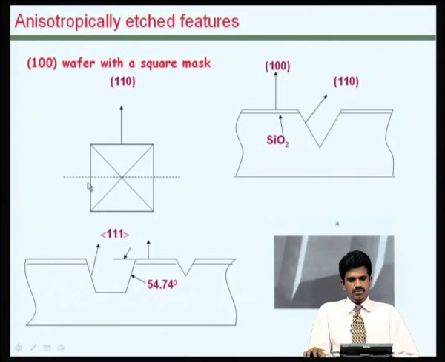It so happens if on a 100 wafer, if you align these rectangular windows properly, the plane that is formed at an angle is the 111 plane, and atoms in the 111 plane of silicon structure are strongly bonded to those underneath them, and hence are extremely difficult to be displaced by many reagents.